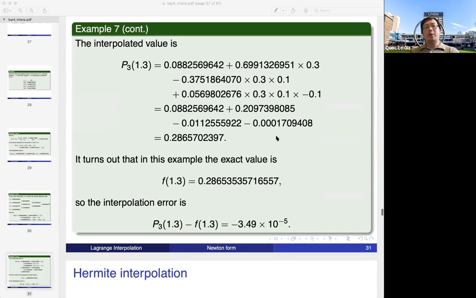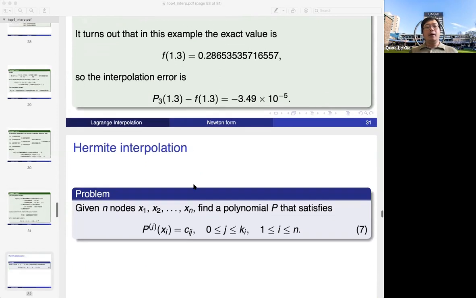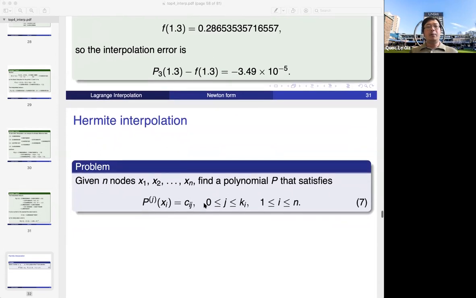So there will be some questions in the labs next week, for you to compute the divided difference table and the interpolation polynomial. And so now in another situation, you can have what we call Hermite polynomials.